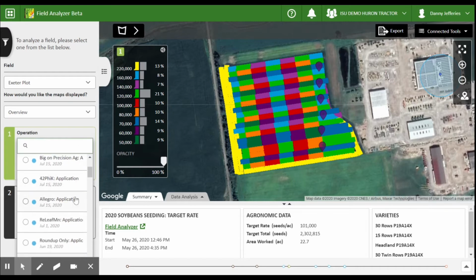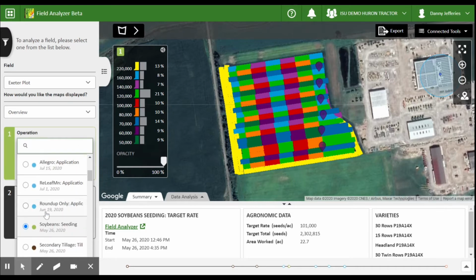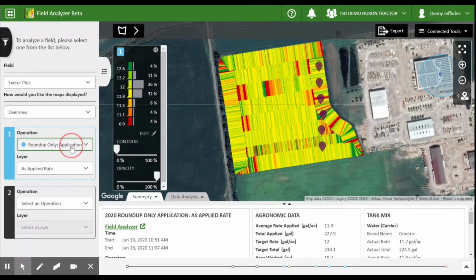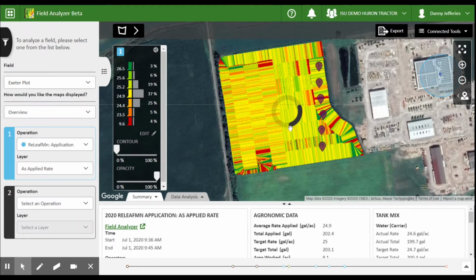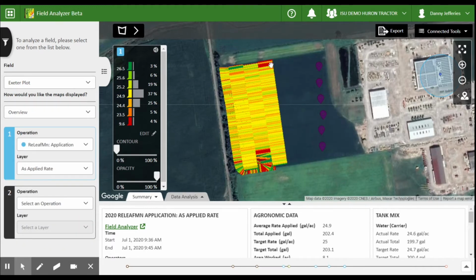So following seeding, we did do a post-application of herbicide mid-June. That was applied to the whole field. But then we also did some trials in July regarding some foliar treatments as well as fungicide. So on July the 1st, around that vegetative stage, we sprayed the back half of the plot with Relief MN, a foliar fertilizer with manganese in it.